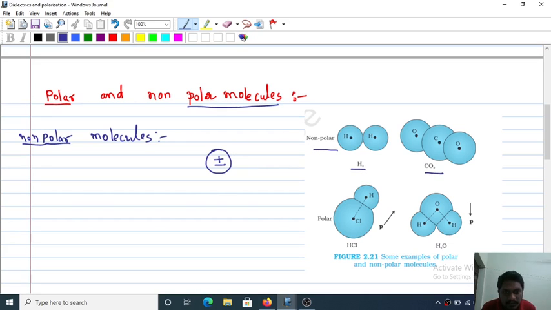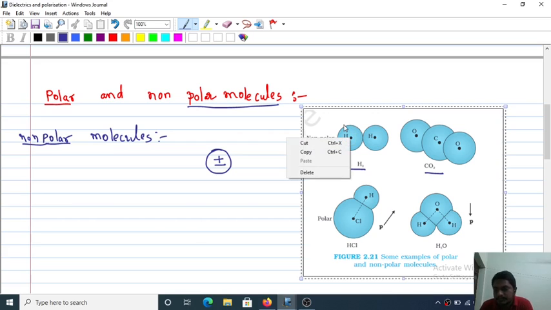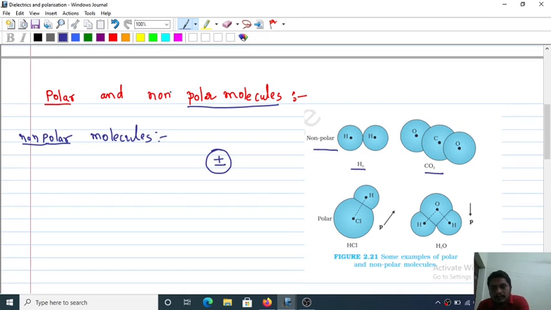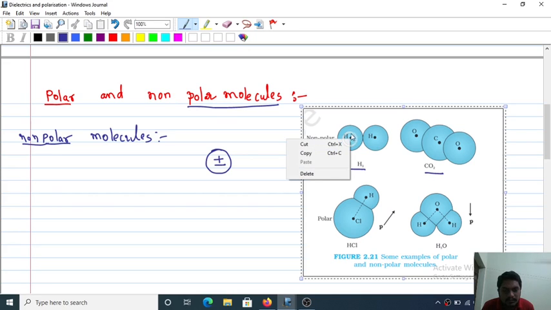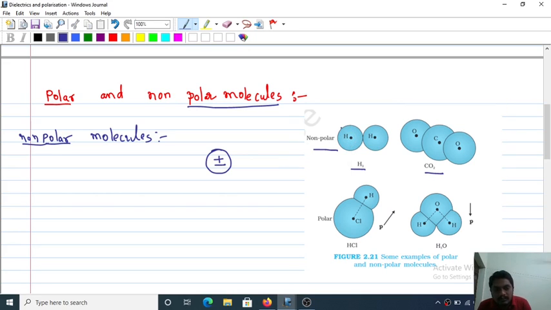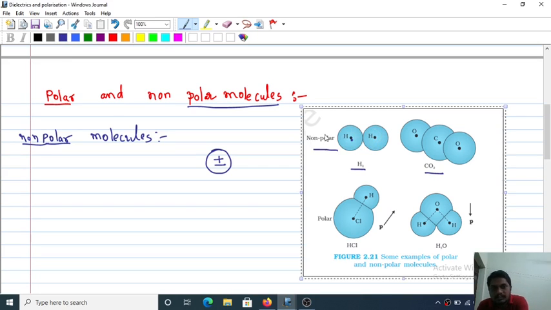Here this is a hydrogen atom: the center of positive charge and the center of negative charge coincide at the same position.